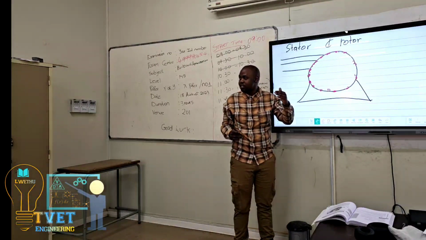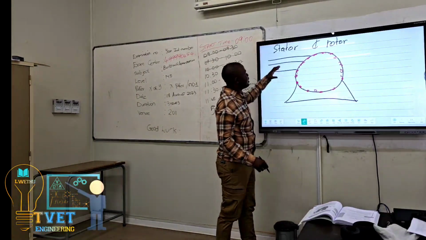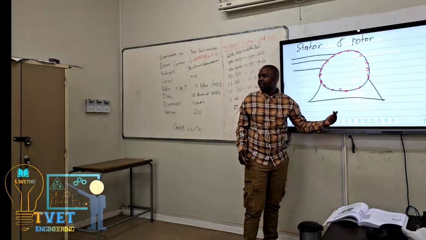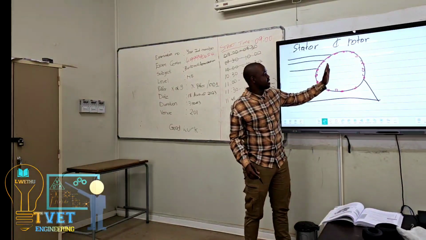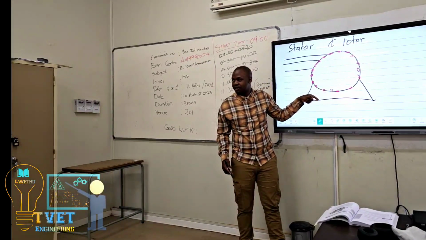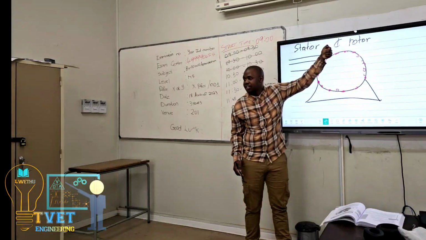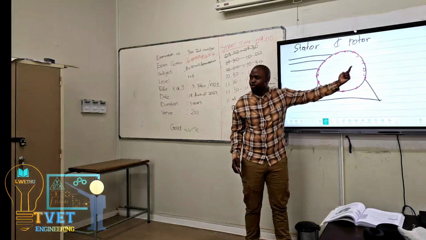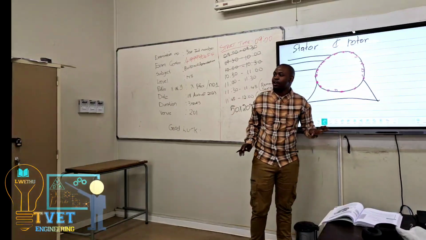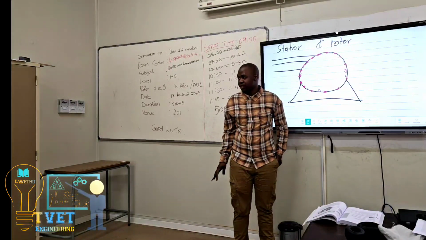When you feed a three-phase supply, these stator windings create a rotating magnetic field. It is important for that magnetic field to rotate, otherwise we don't have a functional induction motor.